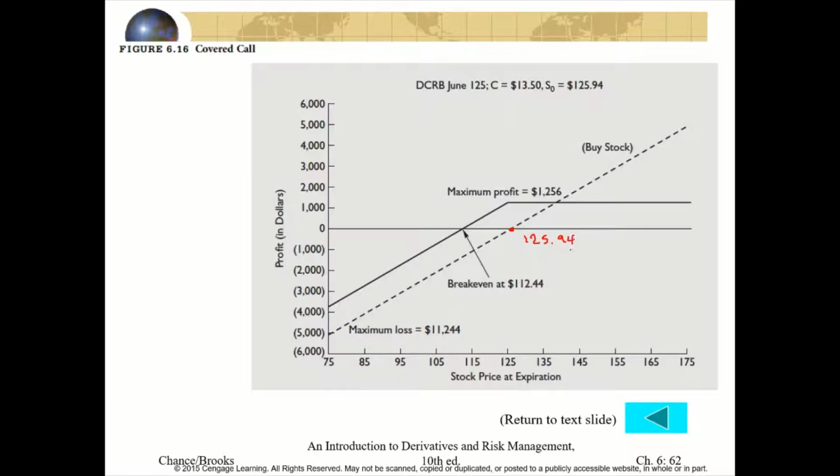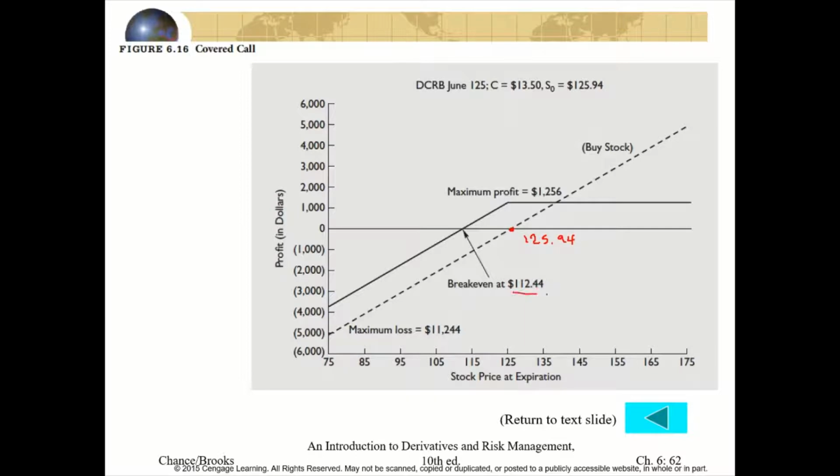Why is that the case? Well, remember, in the covered call, I'm going to short a call option, so I will receive the premium. Now, this premium will reduce the cost of the strategy, right? Because I received the premium, I paid 125, so it is as if I paid net 112.44.